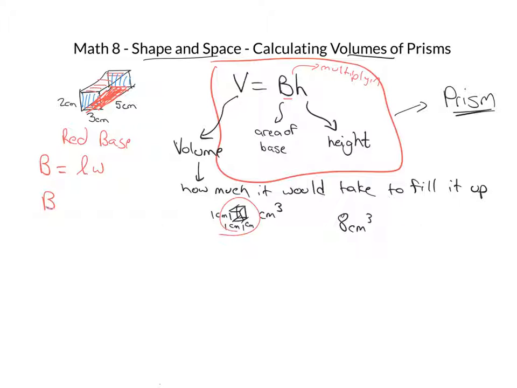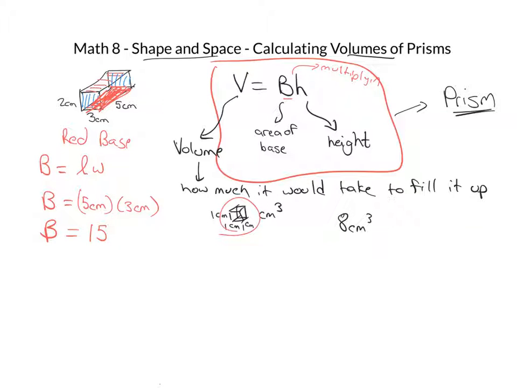So let me write capital B here. Do I know what the length and width are? Yeah, absolutely. The length here is 5 centimeters times the width, which is 3 centimeters. So my area of the base is 5 times 3, which is 15.